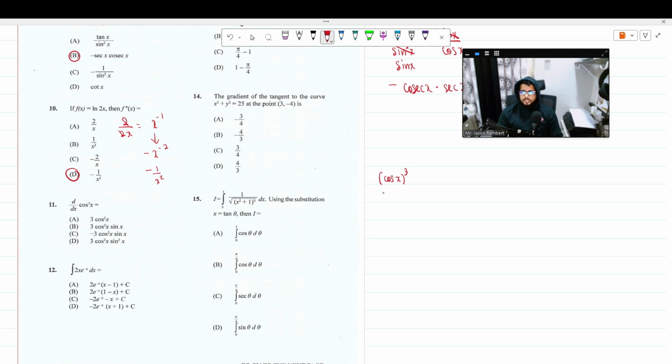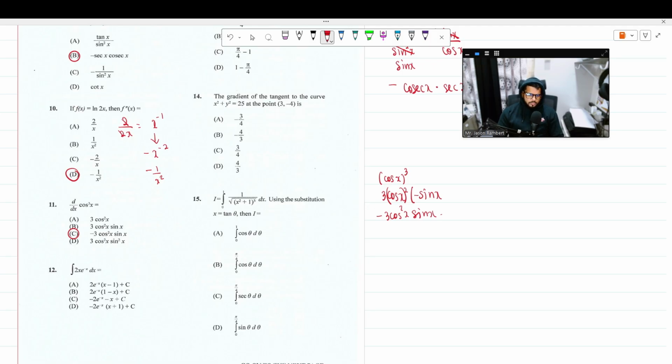When I differentiate, I'm going to get 3 cosine x squared, and I must multiply by the differential of the bracket, which is minus sine x. So I'm going to get 3 cos squared x by negative sine x. So minus 3 could go in front, and the sine x could go on the end. Minus 3. C is the only one that has a minus 3 in it, so I'm good to go.